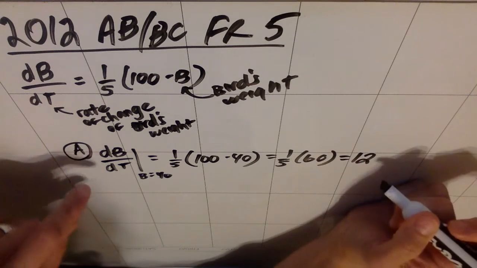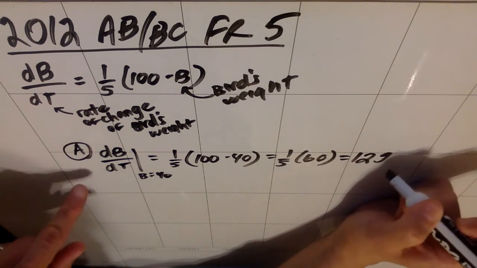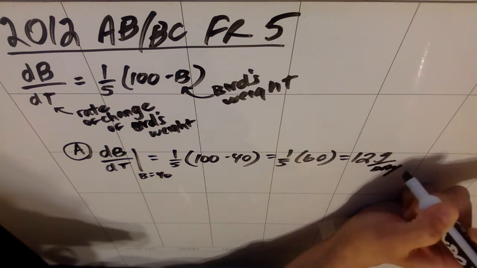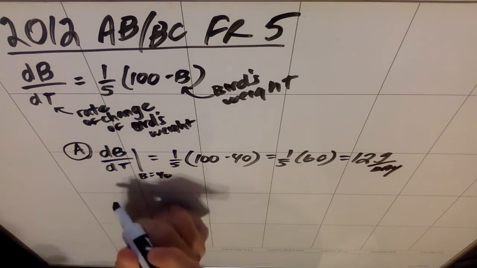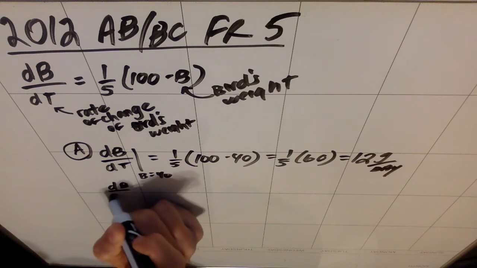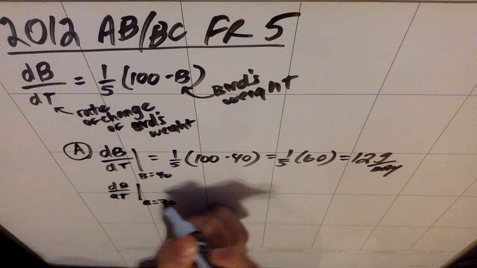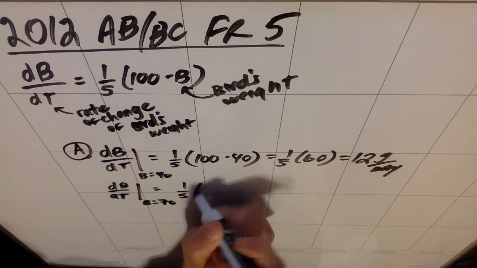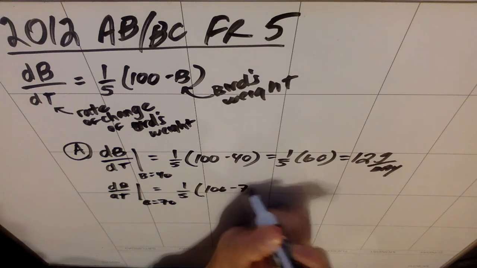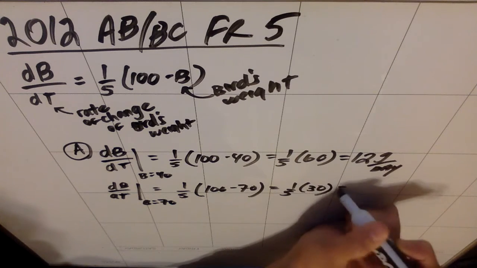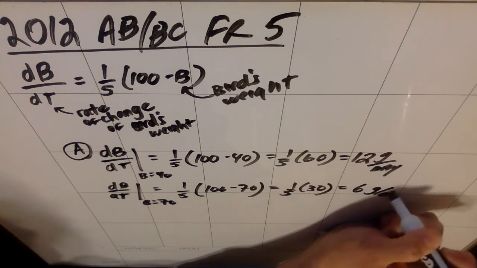And because it's dB, which was the weight in grams, over time, which is in days, it's grams per day. So 12 grams per day. dB/dt when the bird weighs 70 grams, so b equals 70, would be 1/5 times the quantity 100 minus 70, which is 1/5 of 30, or 6 grams per day.